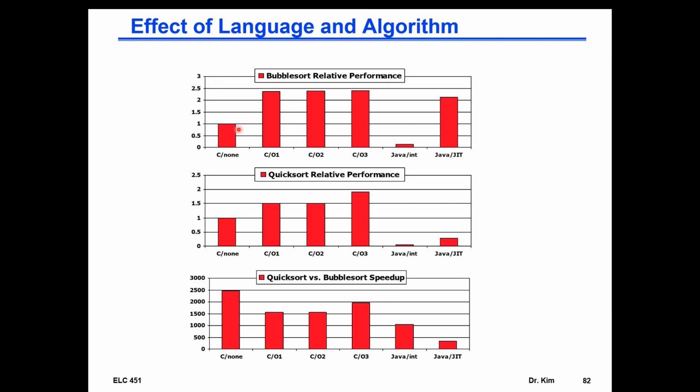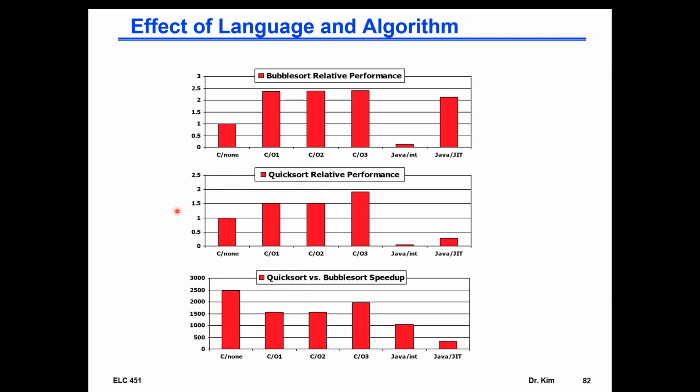This is the performance, so higher is better. And here we have the same for quicksort. And if we compare the two in this graph, this is the speedup. We know that quicksort is better than bubble sort.